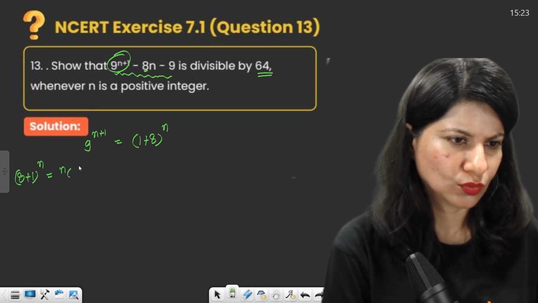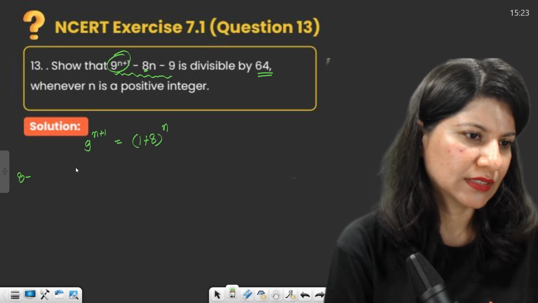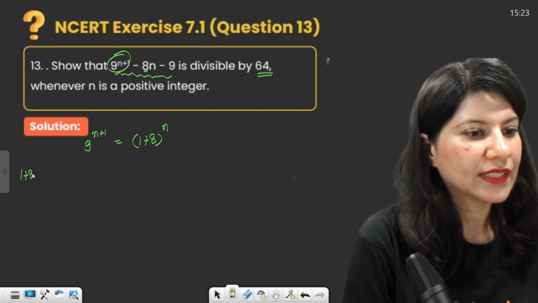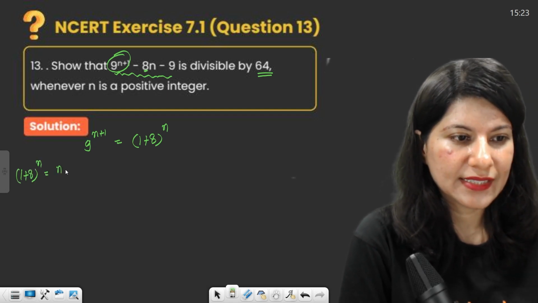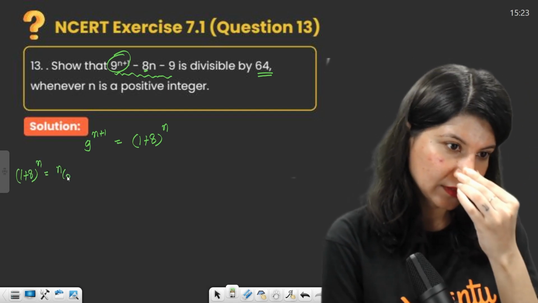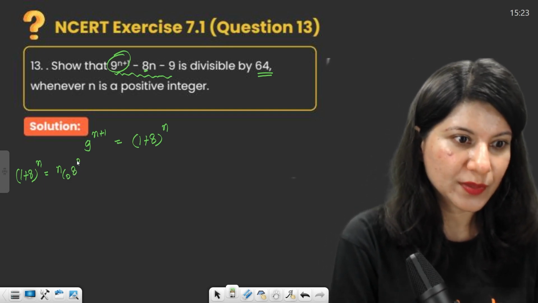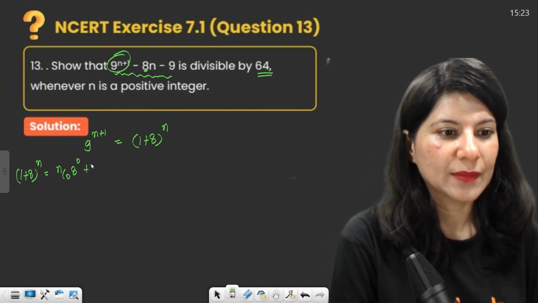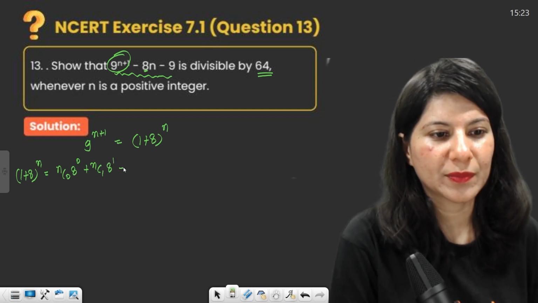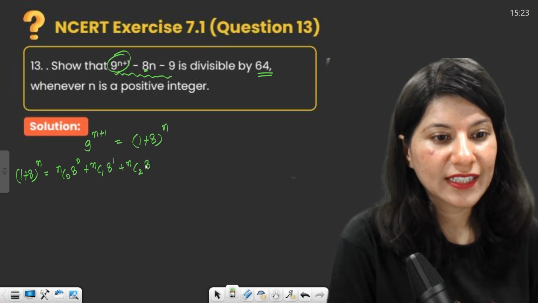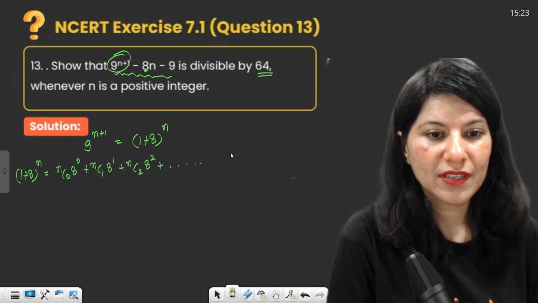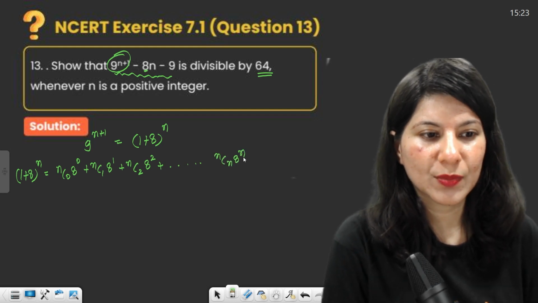No. We were doing right actually. (1 + 8)^n. NC0, right? 8 raised to power 0, 1 raised to power n. Plus NC1, 8 raised to power 1. Plus NC2, 8 square and so on. NCN, 8 raised to power n, right?